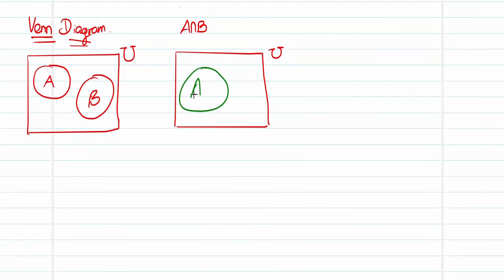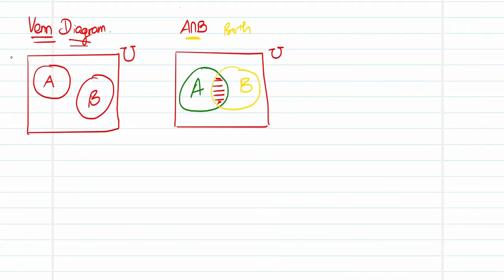Let this be my A, and let me have my B over here. Let this be my B. I want elements that are going to be both, both A and B. So where is going to be the part which contains both A and B? This is going to be the portion that contains both A and B.